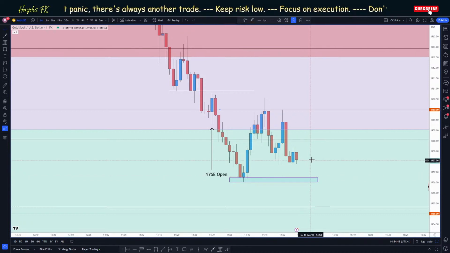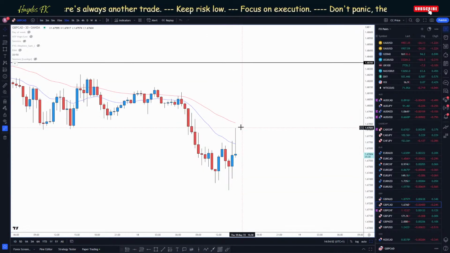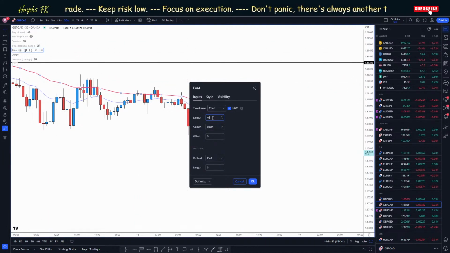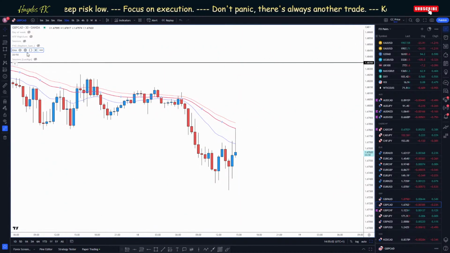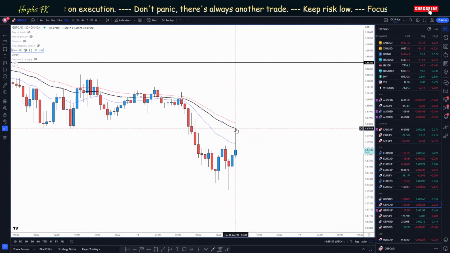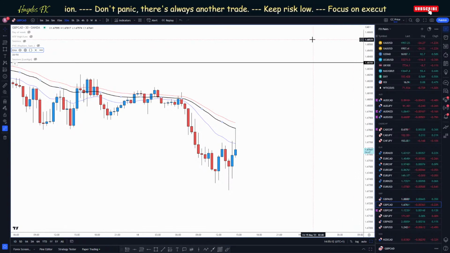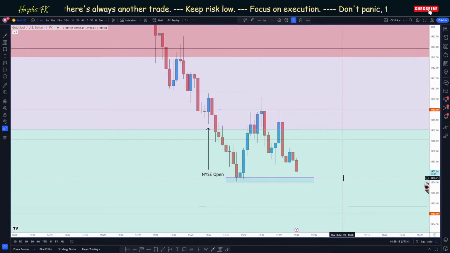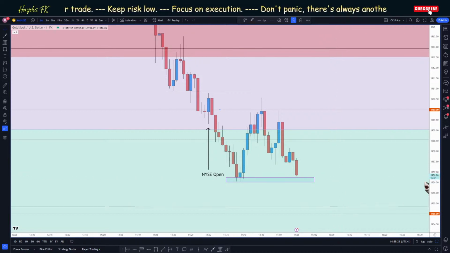Don't know why the robot didn't give me a notification that it took the trade. Took it off the 40 EMA. Oh, I'm not signed into it.